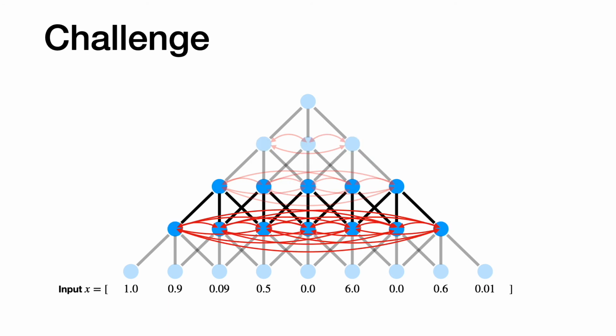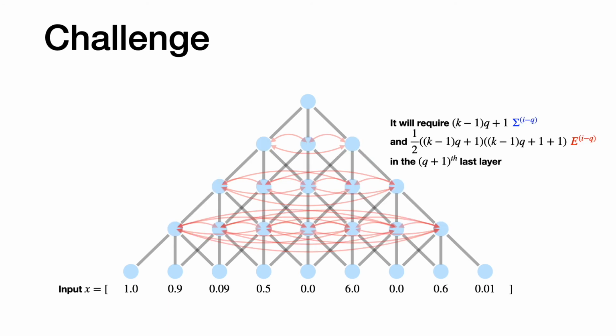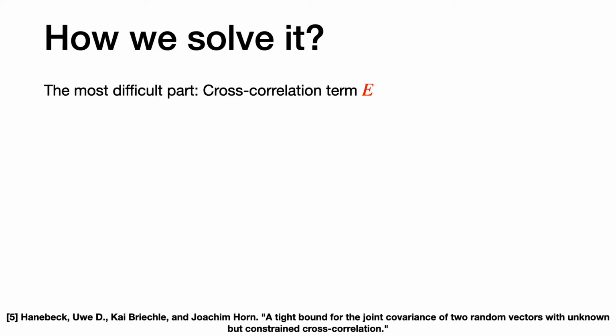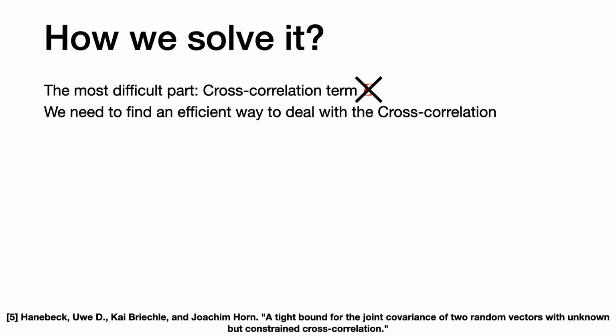Things will get much worse as the network grows deeper. Actually, it will require (k-1)q+1 sigma matrices and many more cross-correlation matrices in the last layers. As we can see, the most difficult part is the cross-correlation term E. We need to find an efficient way to deal with it.